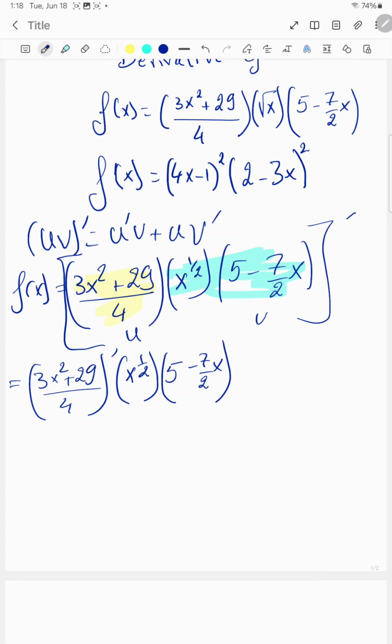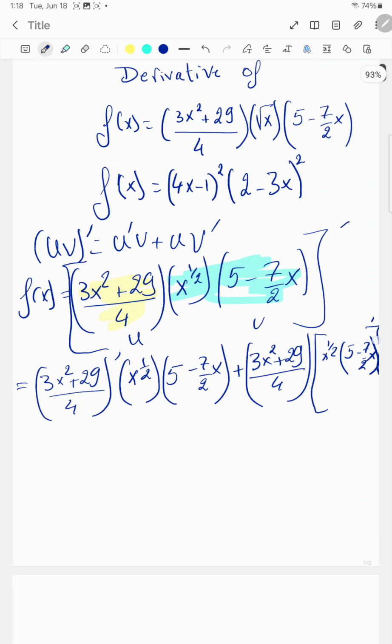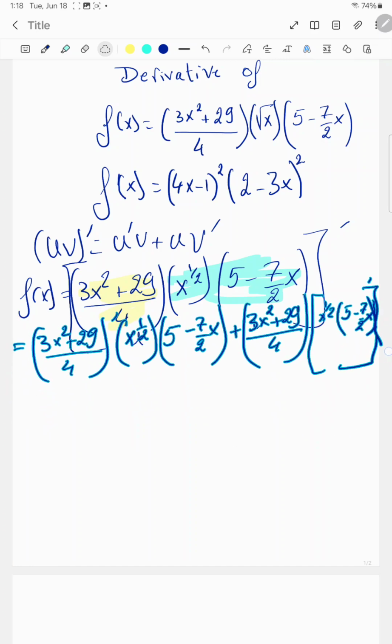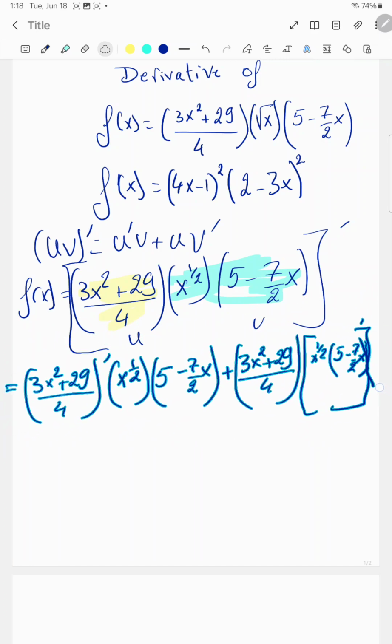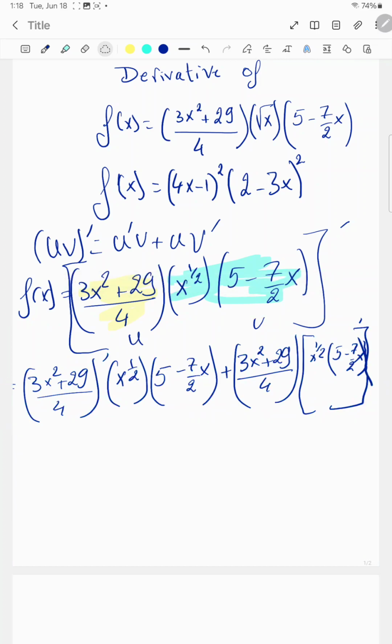This is u prime v plus u v prime, where u is (3x squared plus 29) divided by 4, multiplied by v prime, which is (x to the power 1/2 times (5 minus 7 over 2x)) prime.